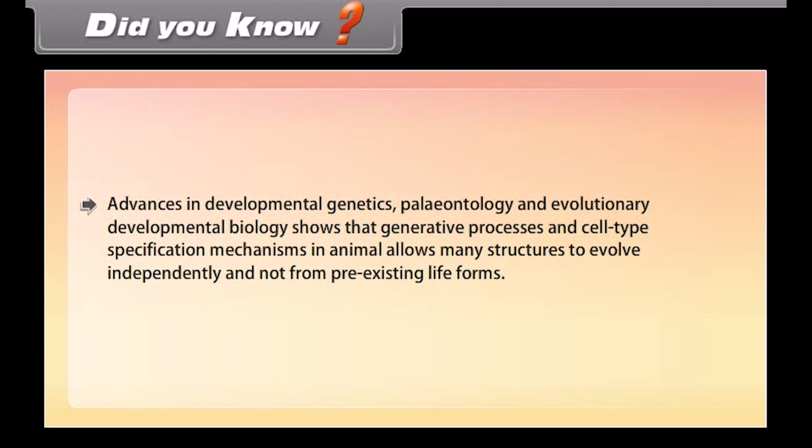Did you know advances in developmental genetics, paleontology, and evolutionary developmental biology show that generative processes and cell type specification mechanisms in animals allow many structures to evolve independently and not from pre-existing life forms.